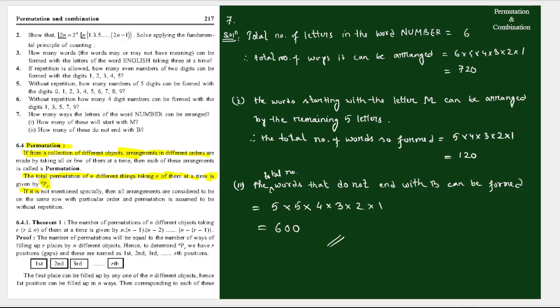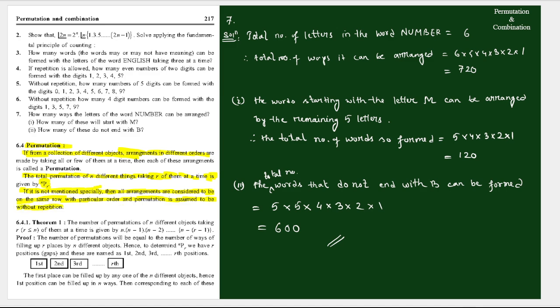See, if it is not mentioned specifically, then all arrangements are considered in the same row with a particular order, and permutation is assumed to be without repetition.